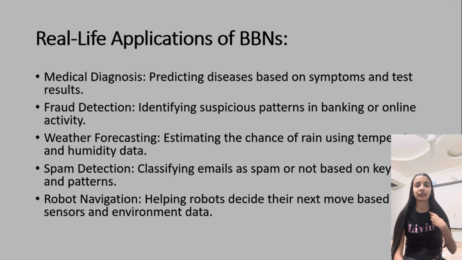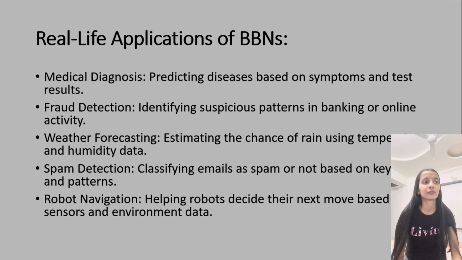Now we will see the applications of BN. First is medical diagnosis. They can predict disease based on symptoms and test results. Second is fraud detection. They can identify patterns in banking or online activities.